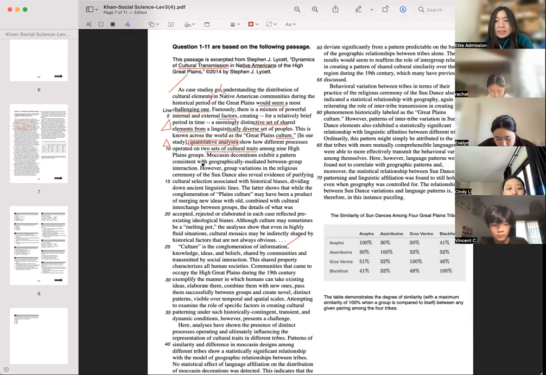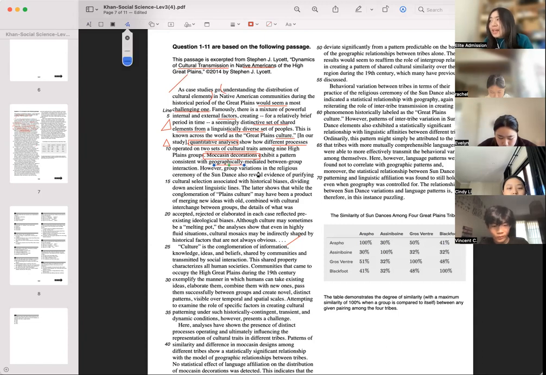Again, the general findings, the brief introduction of the study. The study focuses on 2 culture traits, and how different processes operate on those 2 culture traits. So be sensitive to the wording here. Moccasin decoration exhibits a pattern consistent with geographically mediated between-group interaction.